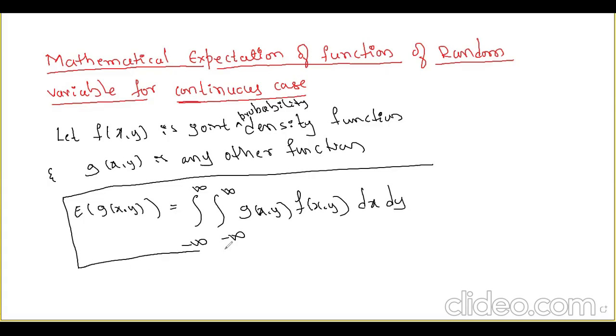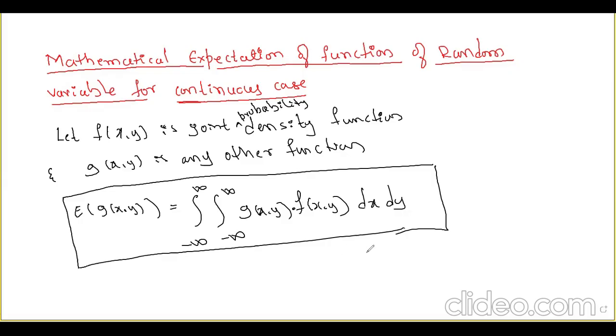So this is the formula to find the expectation in the bivariate case. Say x and y are any two random variables with the probability density function f of x, y, and g of x, y is any other function. Then the expected value of g of x, y is given by the double integration from minus infinity to infinity of g of x, y into f of x, y dx dy, one integration for the variable x and one for the variable y.